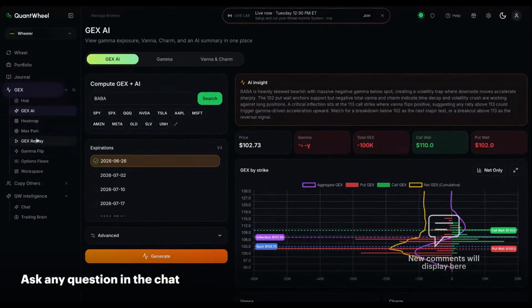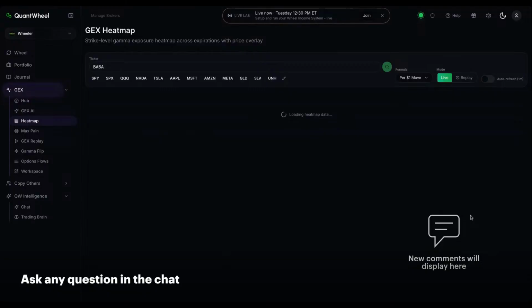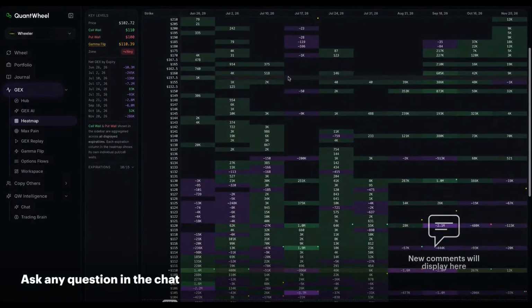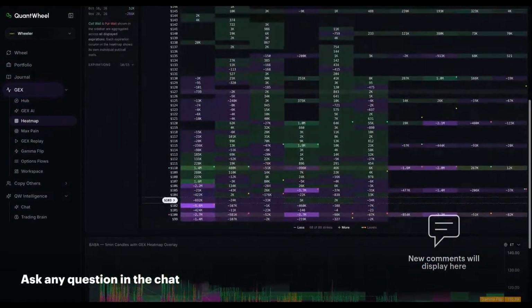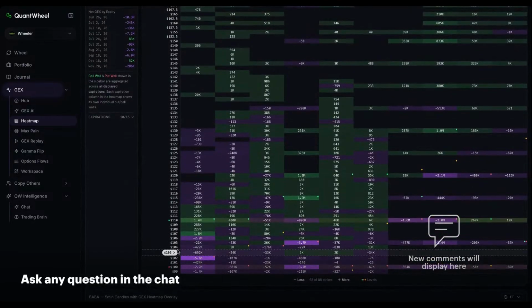Next, we do have a heat map as well. Let's take a look at BABA on the heat map. That's going to show us a bit more information and the positioning in the next few weeks. Yes, great. So as you can see, we are at the bottom of the heat map.